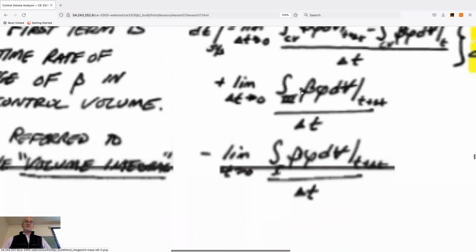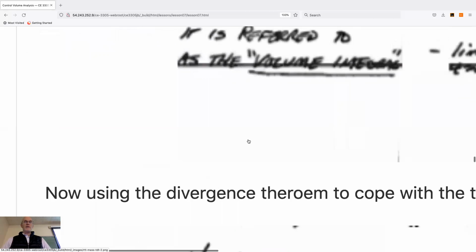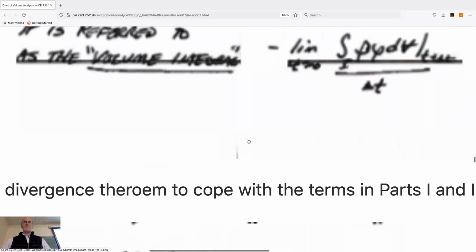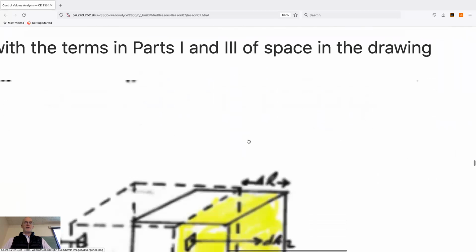The remaining two parts are the limit as time goes to 0 of the integral over part 3 at t plus dt, minus the limit as time goes to 0 of the integral over part 1 at t plus dt. And so we'll now use the divergence theorem to cope with the terms in part 1 and part 3 of space in the drawing.